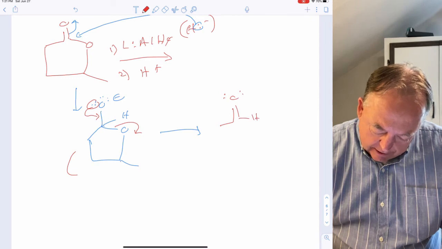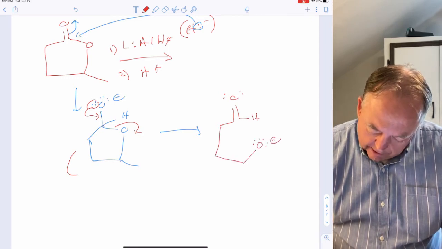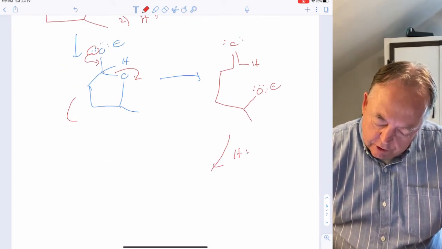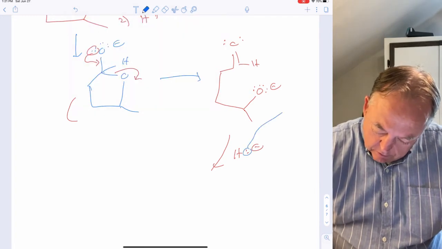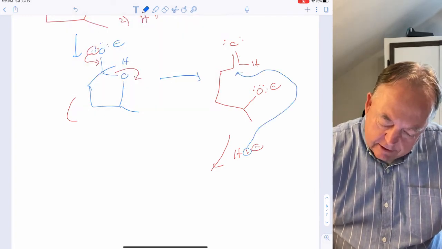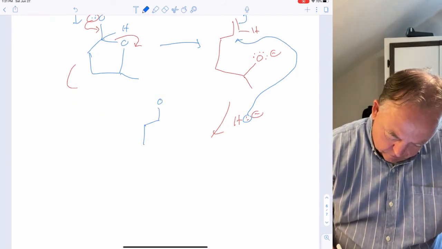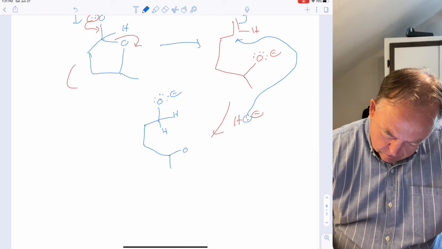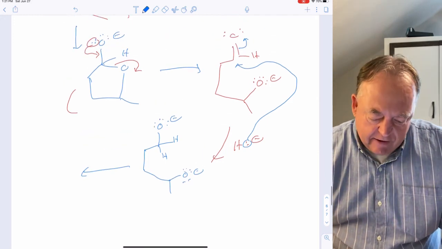Now you have an aldehyde there, O minus there. And now aldehydes react with lithium aluminum hydride, so another equivalent of hydride can react. So another H minus attacks there, break the double bond again. And then that's what you have after the first step.